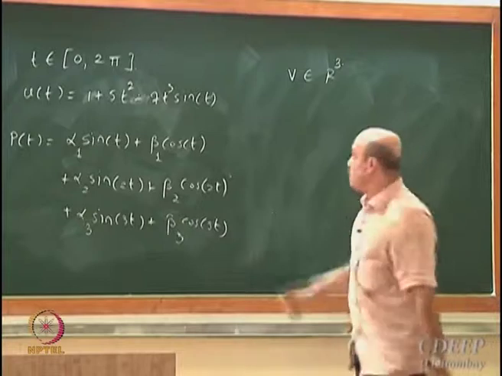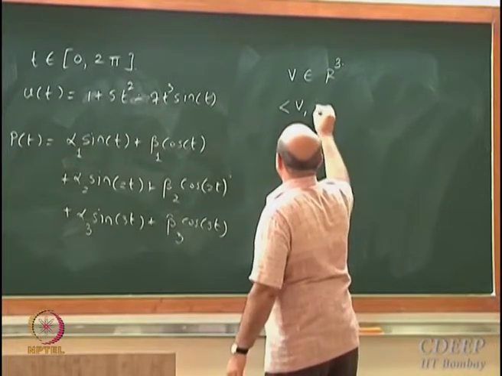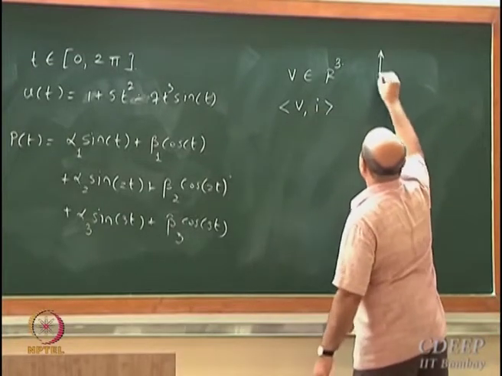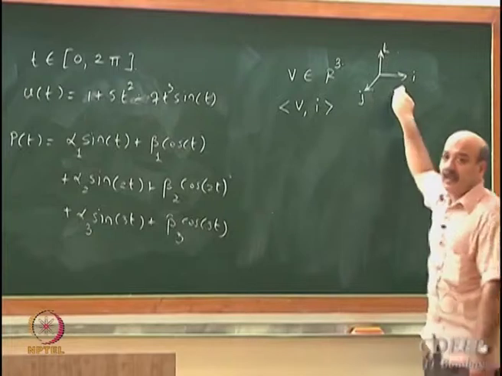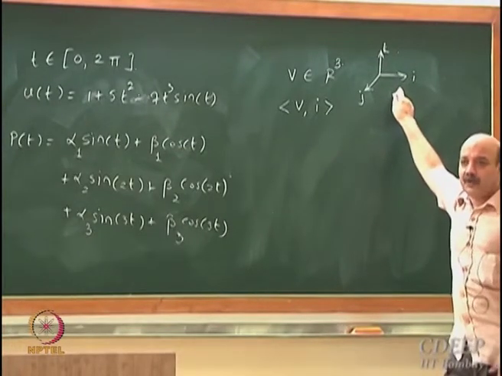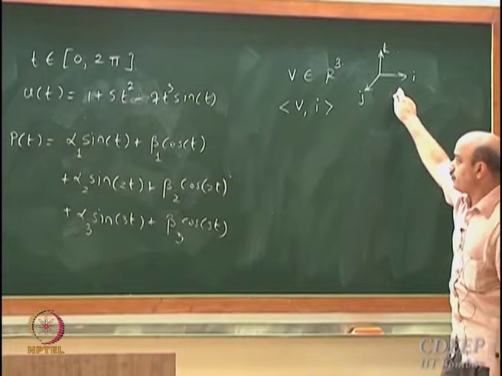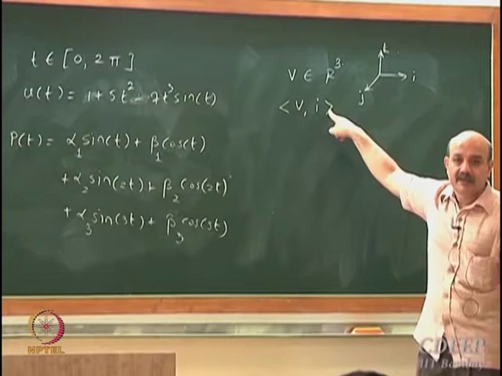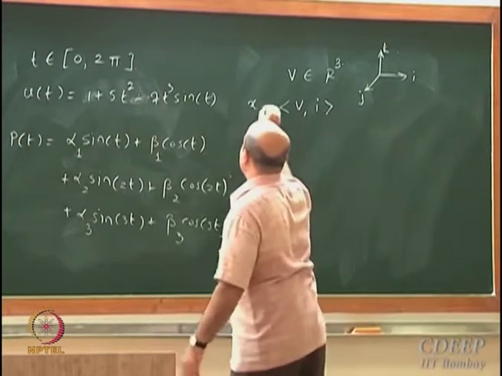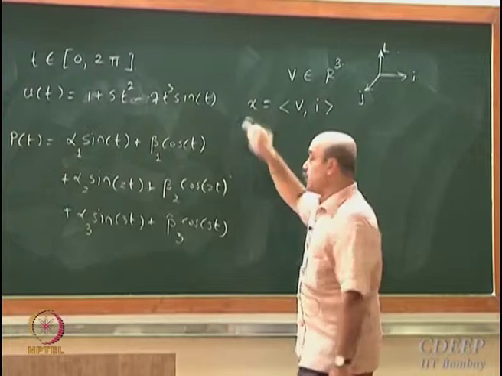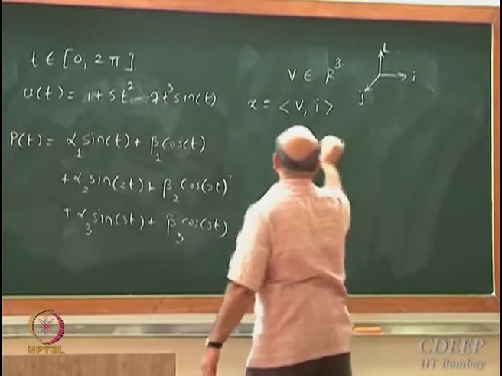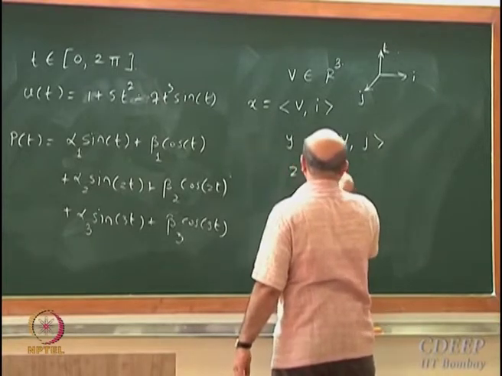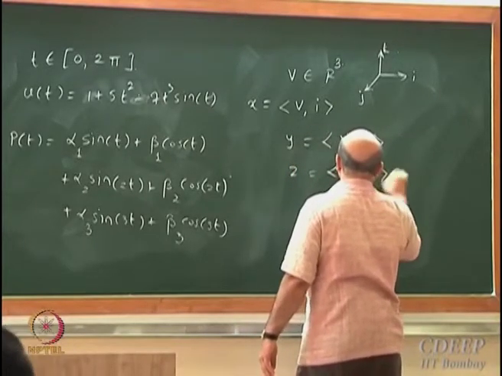I take the inner product of v with i, the direction. This is my ijk orthogonal basis for 3-dimensional space. If I take the inner product of v with i, I will get the x component. The y component is the inner product of v with j, and the z component is the inner product of v with k.